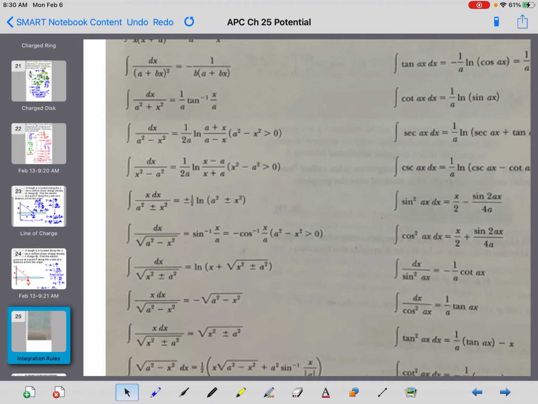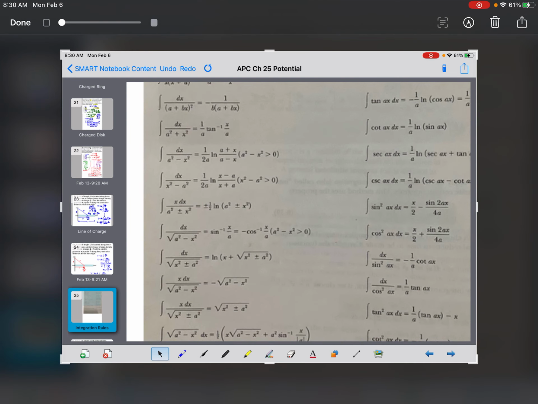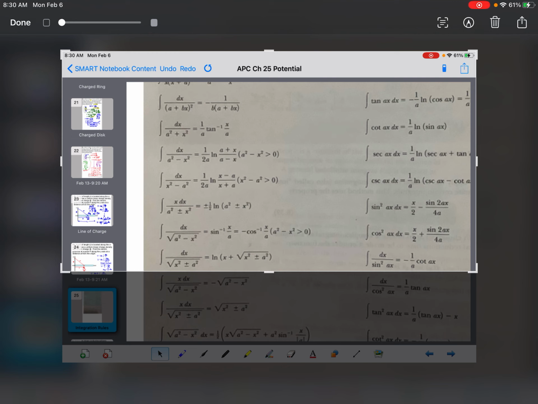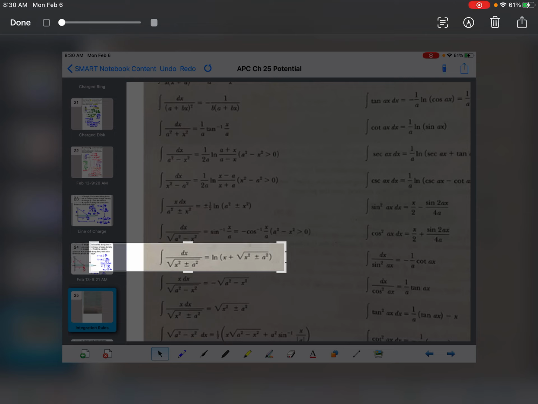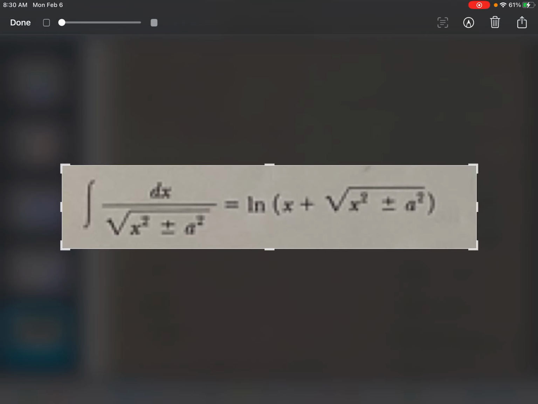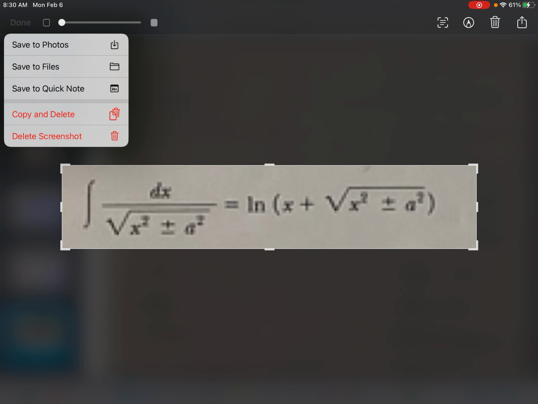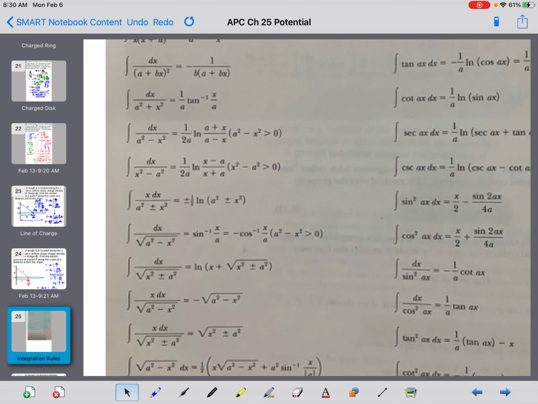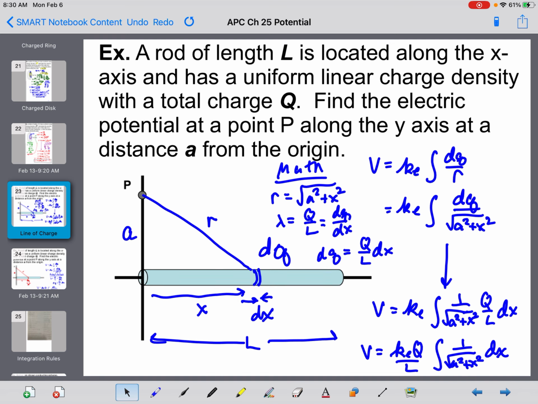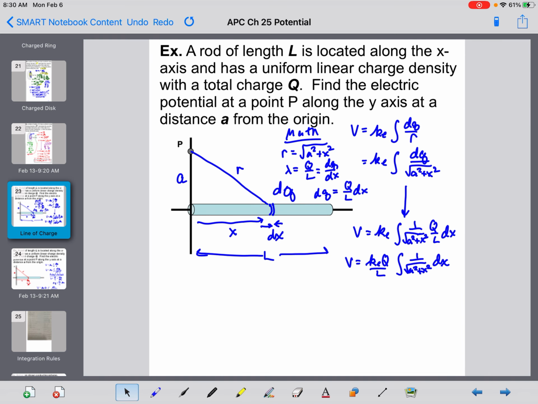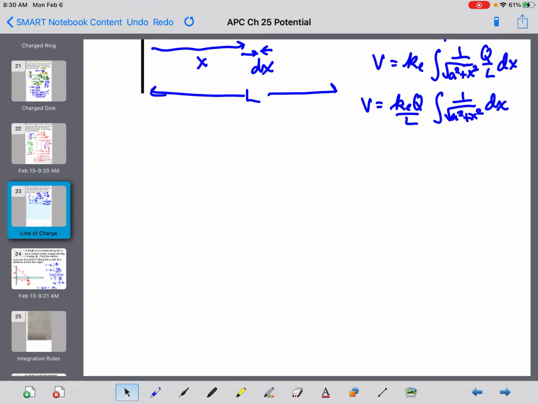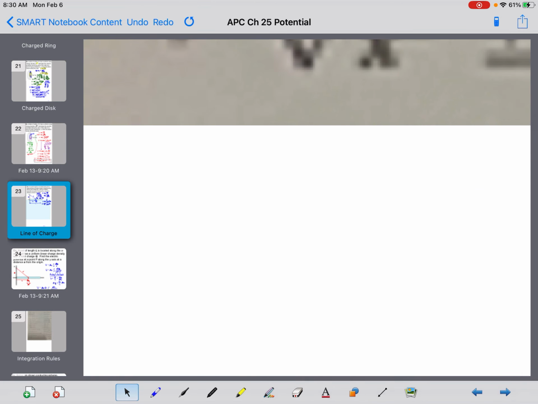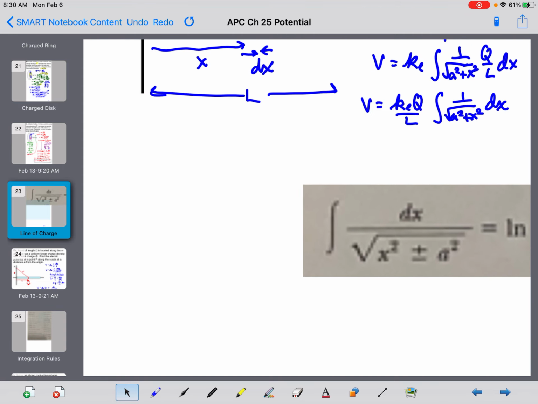Okay, I'm going to screen capture. It took me a minute to find it. Sorry if it's a little blurry. There's the rule we're going to apply. So I'm going to come back here, give us some more space, and bring that rule in.